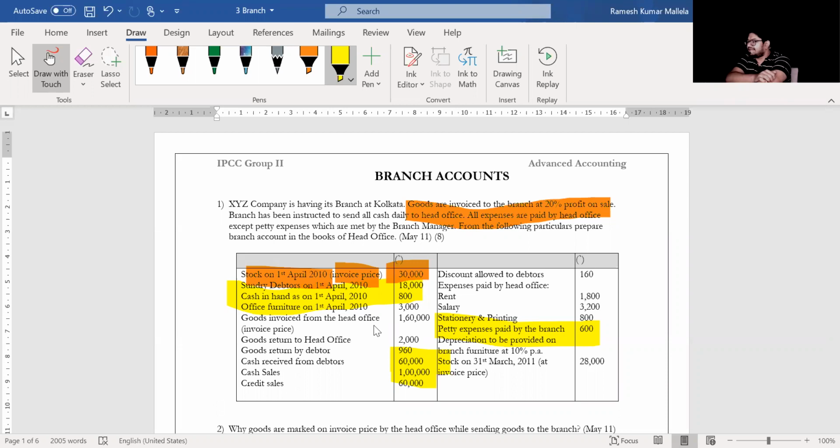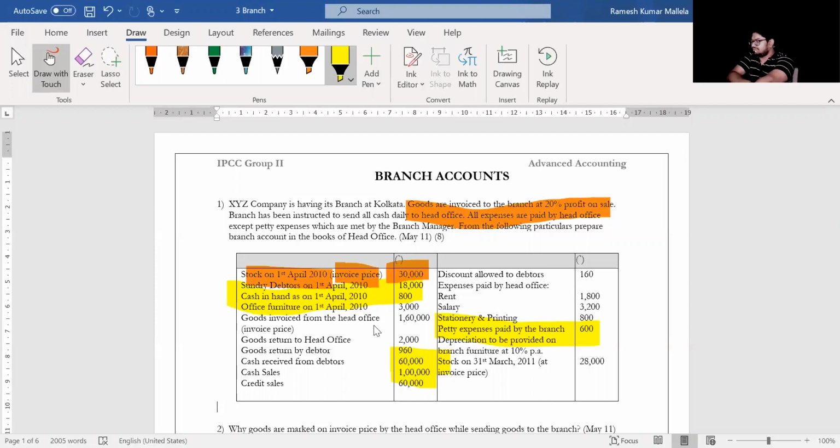Because we'll have to show what is the closing value of your furniture, yes or no? So for that reason, depreciation is important, but we will not account for it here. And then petty expenses incurred by branch, I will not account here. I will only take what is the closing balance of cash. That's all. So stock on 31st March, he has mentioned about it. So let us take all these items and then go ahead with closure.